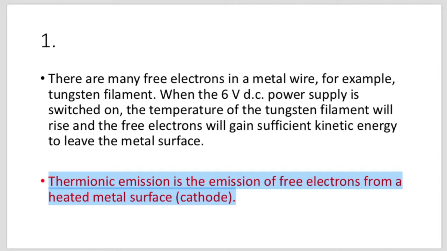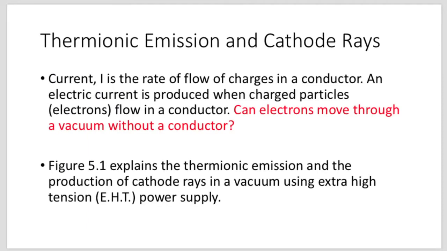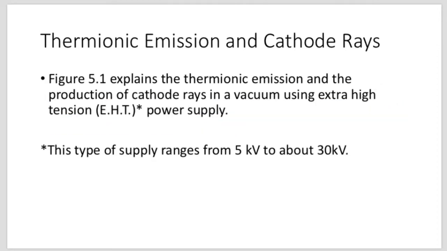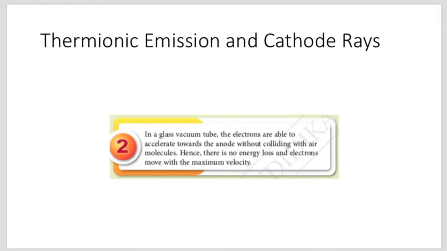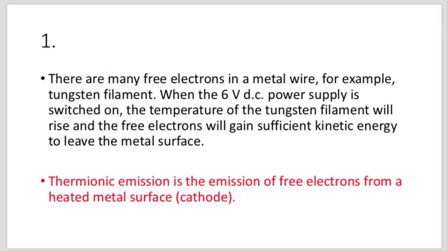So the answer to the question just now, can an electron move through a vacuum without a conductor? The answer is yes, it can. And you probably already thought it's possible because I wouldn't ask it unless it's possible, right? Anyway, thermionic emission is the emission of free electrons from a heated metal surface.